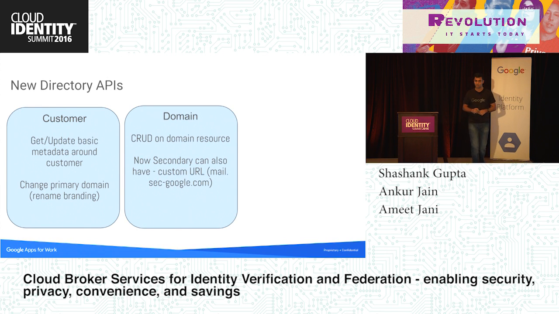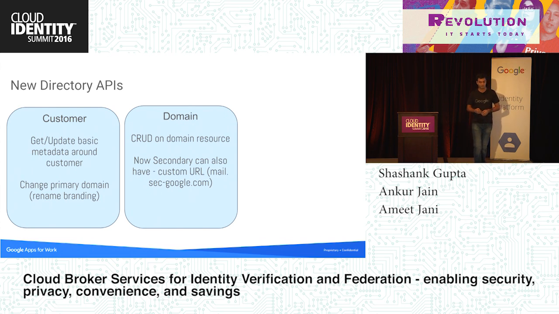The next resource we want to talk about is domains. Within the customer, you can have multiple domains, of various types. You can add domains as aliases or secondary domains. We differentiate primary domains from secondary domains in a lot of ways, and earlier it was not possible to do a bunch of things on secondary domains, which was another big pain point that we heard from customers, and we are fixing those problems one by one.